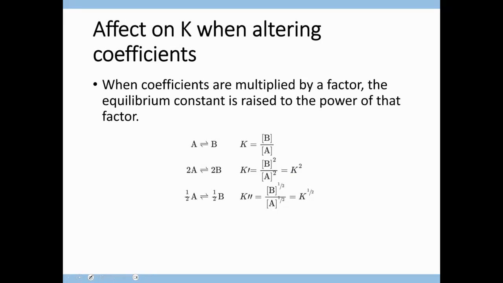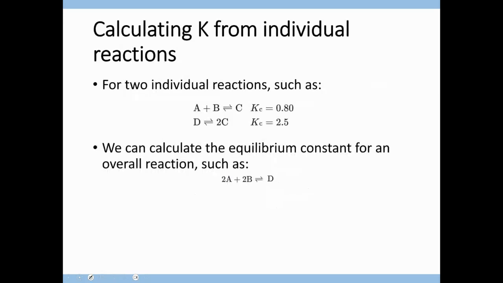So all of what we've learned about manipulating these K values, either inverting or raising to a certain power, we can use to calculate K for an overall reaction that is the sum of individual reactions. Kind of like adding elementary steps for an overall reaction equation, we'll do the same thing, but we're focused on the K values here. On this next slide, we've got 2 individual reactions with known K values.